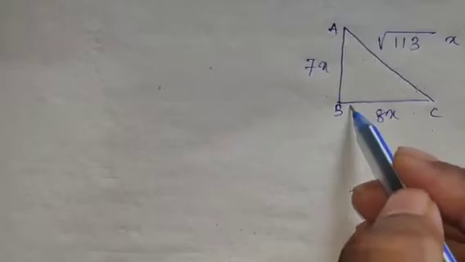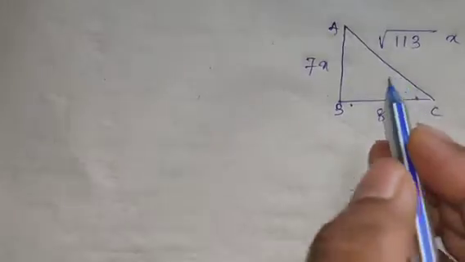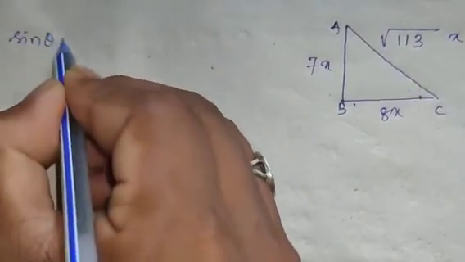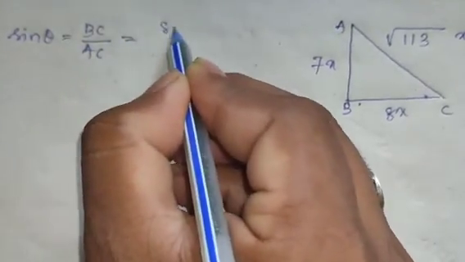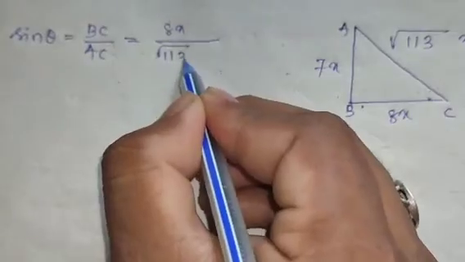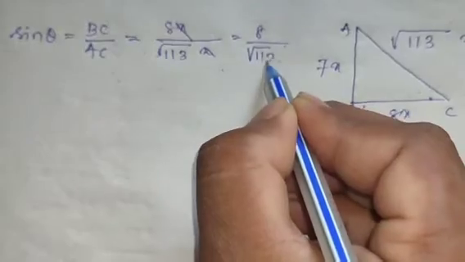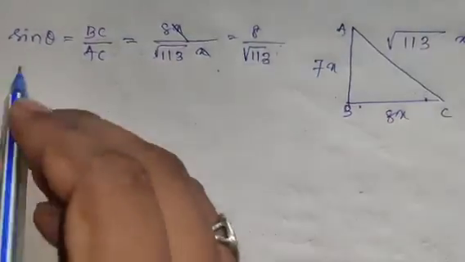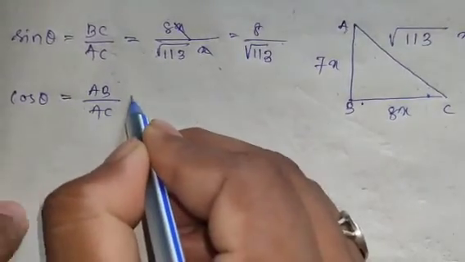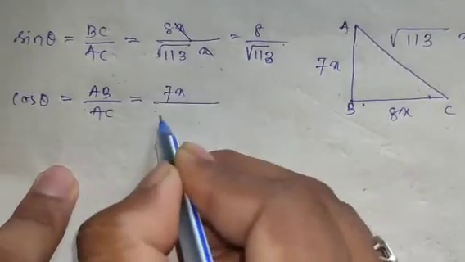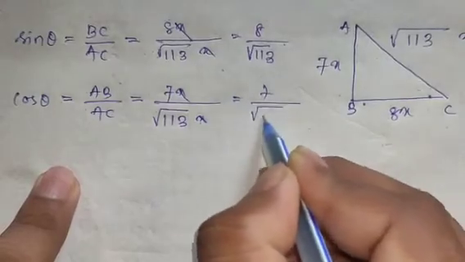So we have found AB, we have found AC, and we have found BC. Now we can calculate sin theta. From here sin theta is equal to BC by AC, which is equal to 8x divided by root 113 x, x cancel, which is equal to 8 by root 113. Again cos theta is equal to AB by AC, which is equal to 7x divided by root 113 x, x cancel, which is equal to 7 by root 113.